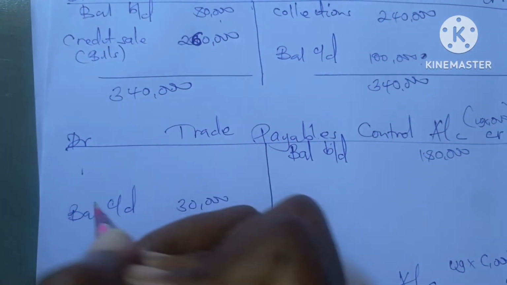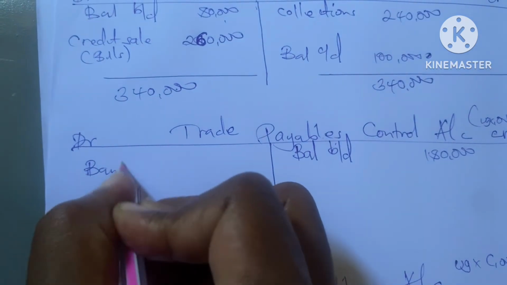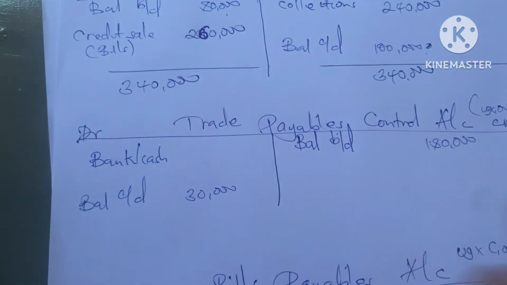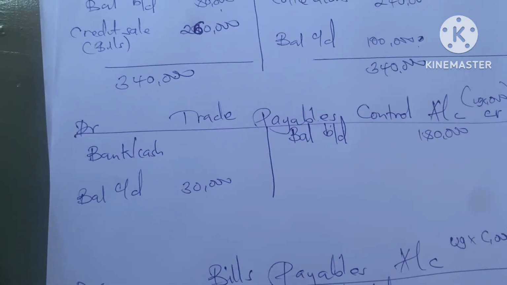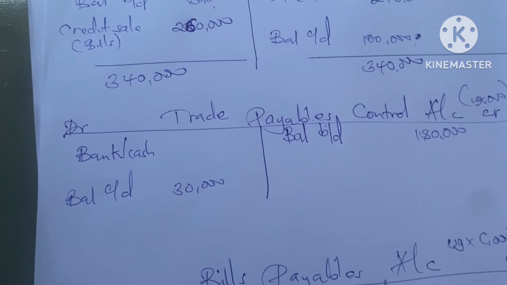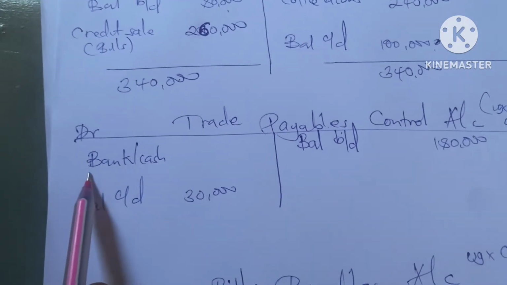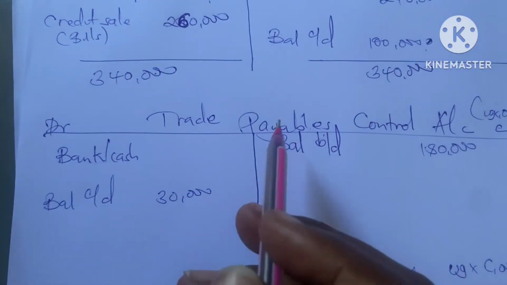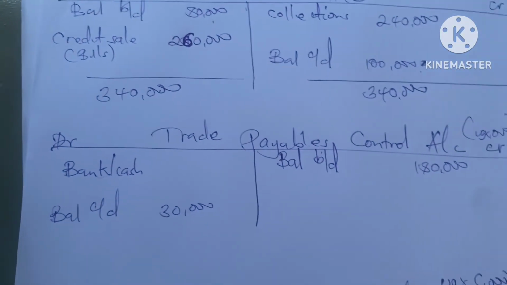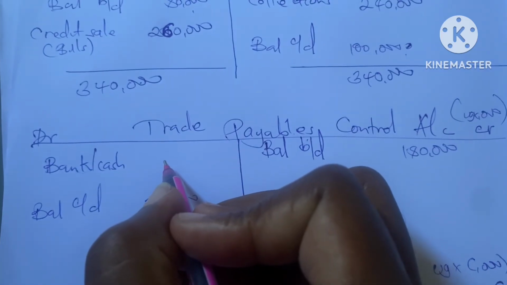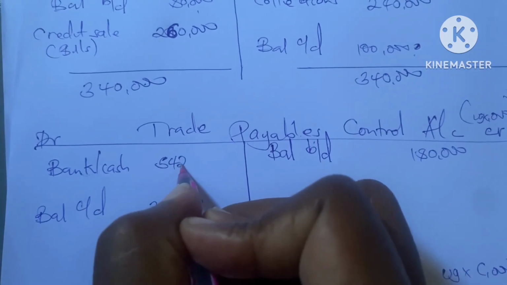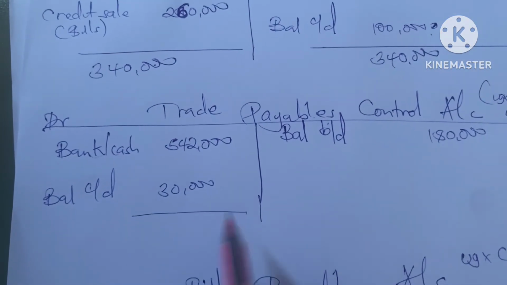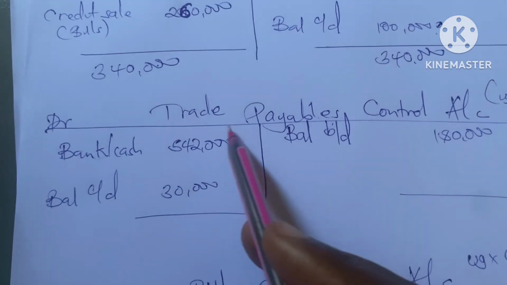We write bank. It can be cash or bank because it was not specified whether it is cash or bank. But if it's specified, you put what was specified, bank or cash. But here we are not sure, so it was 542,000, like that. So we balance which side is greater.